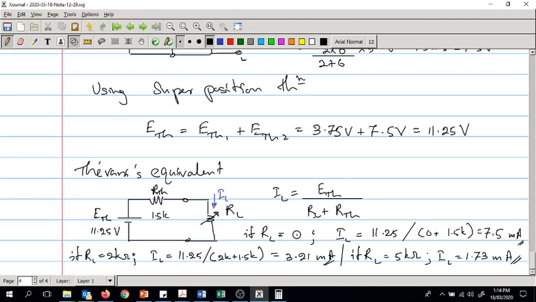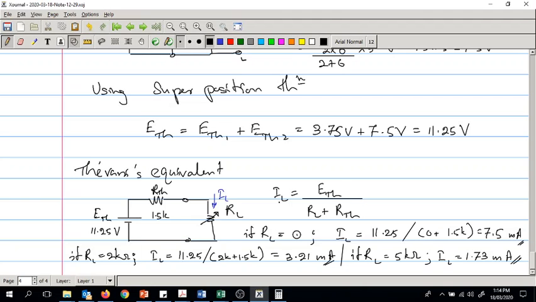You substitute different values for RL. So 1.5K remains unchanged, which is the Thevenin's resistance. This is unchanged, but this can change. So that makes our life easier.